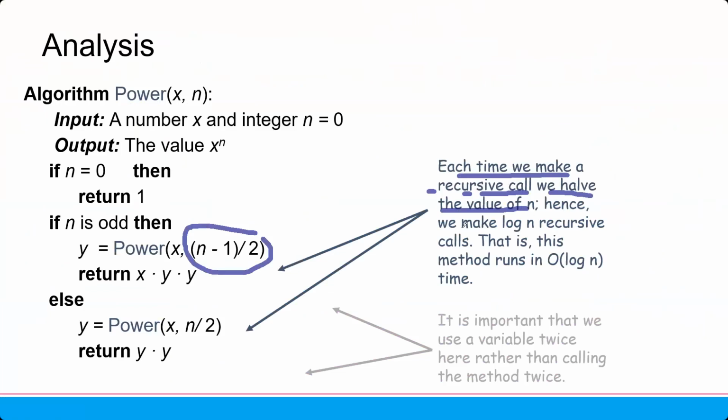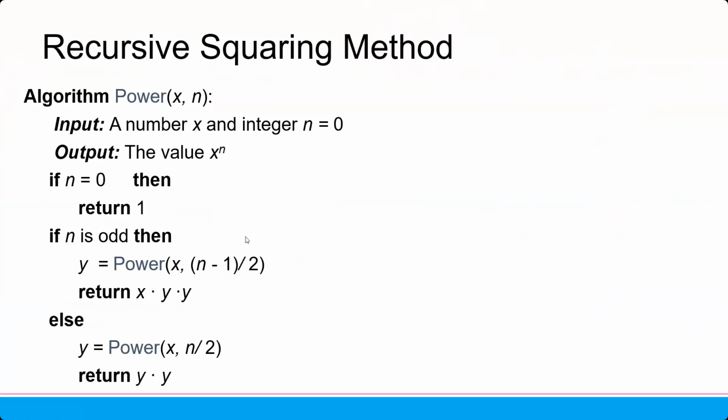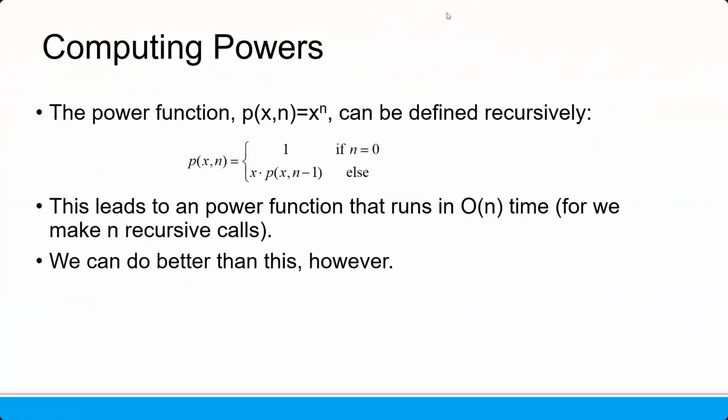Because we make it half, when we do this recursion, we have log n recursive calls, so we don't make n calls. With the previous method, we will do n times because we go from n to n minus 1 and again n minus 1 until n equals 1.